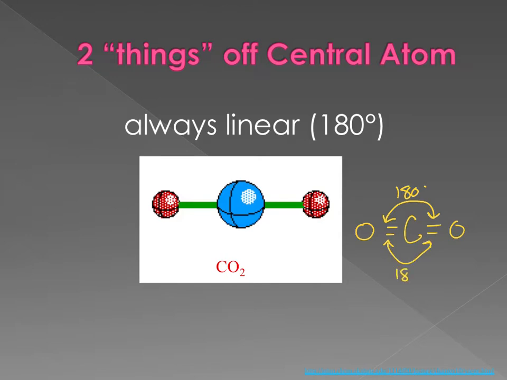Again, we will learn about how to draw these in future notes. So here we would have a linear shaped molecule. Again, looking at whether the molecule is polar or nonpolar, the external atoms are the same, so they have the same electronegativity. The pull on that central atom for those electrons is the same all the way around. So this would be a nonpolar molecule, only having dispersion intermolecular forces.